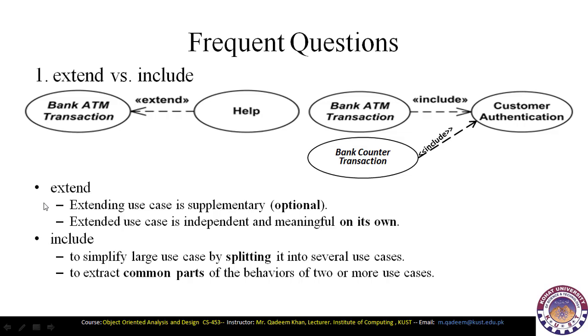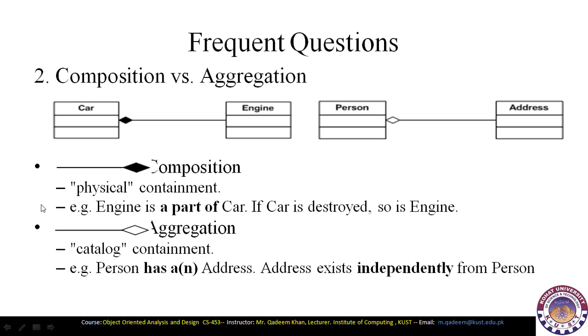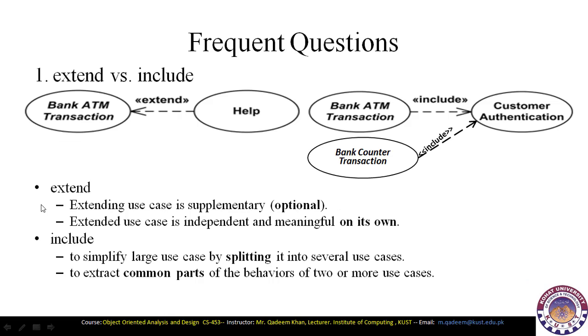Now extend means that the extending use case is supplementary, that is, optional. So the extend use case is independent and meaningful on its own. For example, inheritance is the extend relation in which the child extends the parent. In fact, all the components and data member functions are inherited from the parent towards the child.